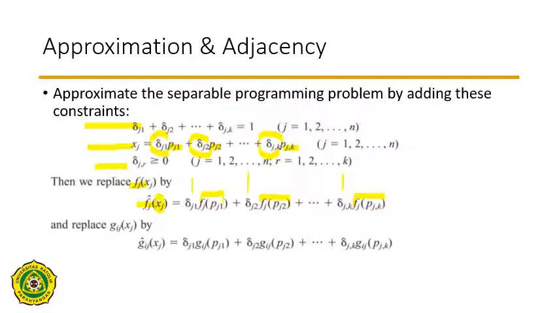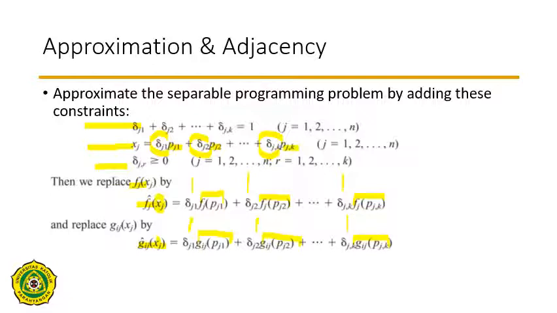Similarly, for the constraint, previously the constraint is a function of xj. Now it becomes the function of grid point 1, function of grid point 2, up to function of grid point k, but don't forget to multiply each of them with the corresponding coefficient.